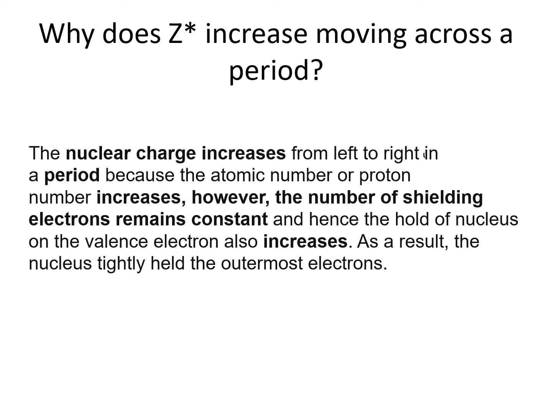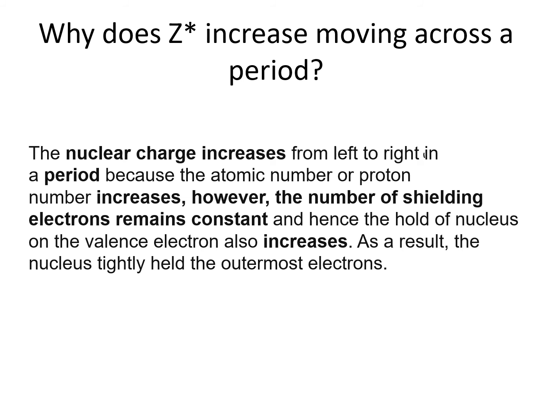So why does zeta, or effective nuclear charge, increase as we're moving across a period? Just to summarize what we've just discussed, the nuclear charge increases from left to right in a period because we are adding protons to the nucleus. We are also adding electrons. However, those electrons are not shielding electrons.